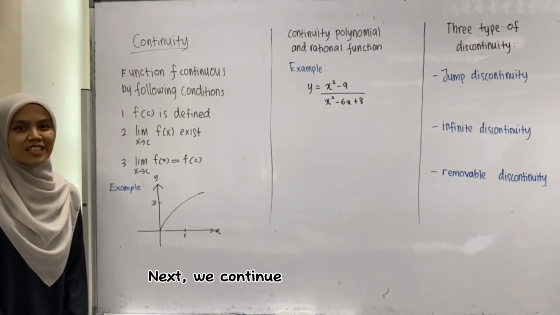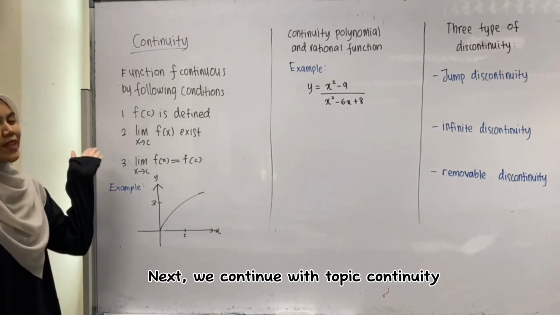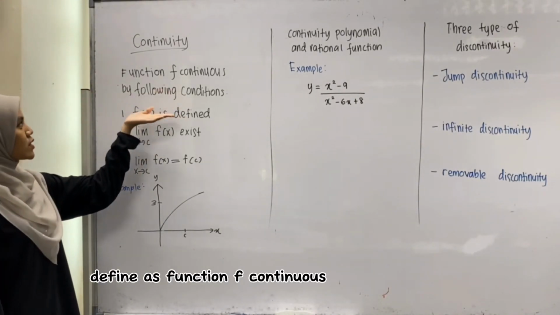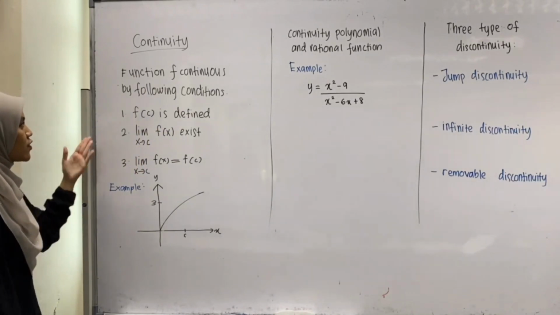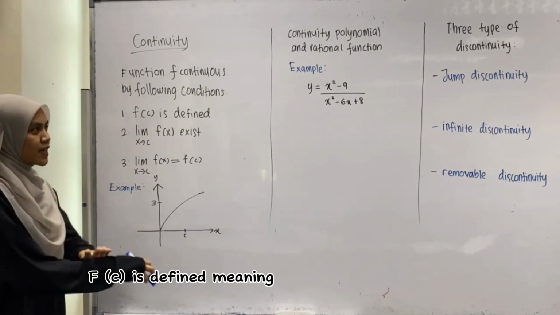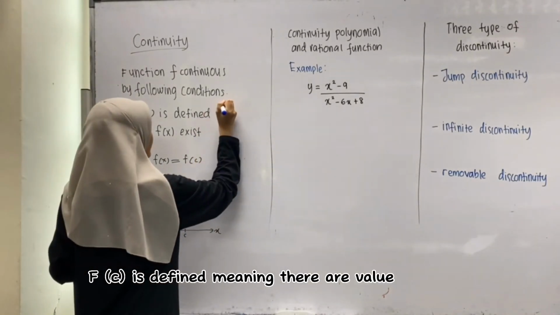Next, we continue with the topic of continuity. A function f is defined as continuous by the following conditions. First, f(c) is defined, meaning there is a value at that point.